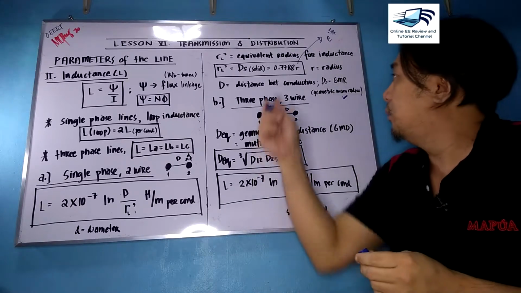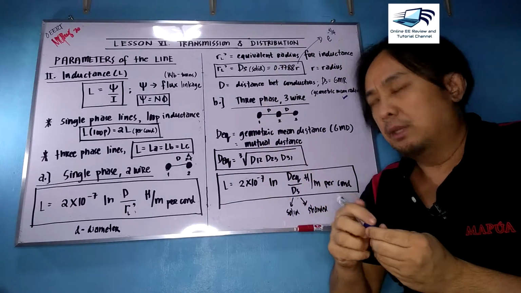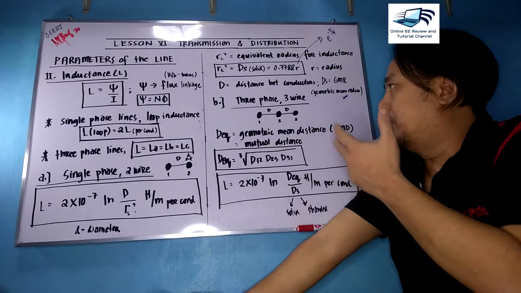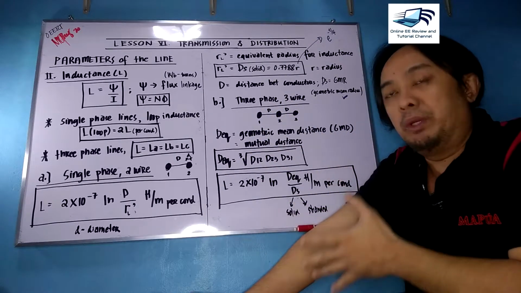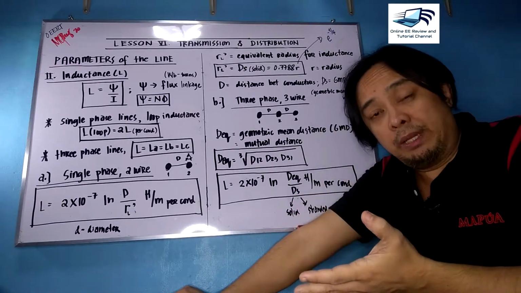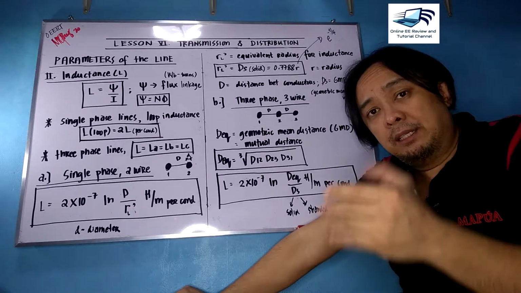Then there is the distance between conductors, which we already described. Please take note that when you go to the total inductance, you must consider the unit as well.